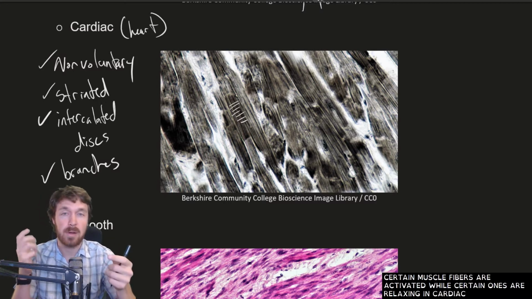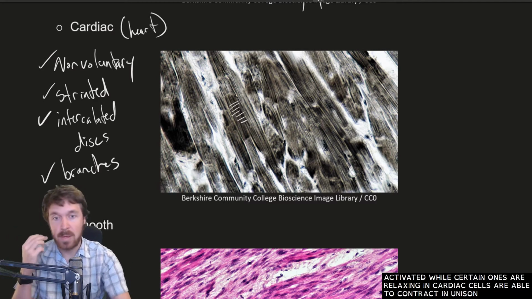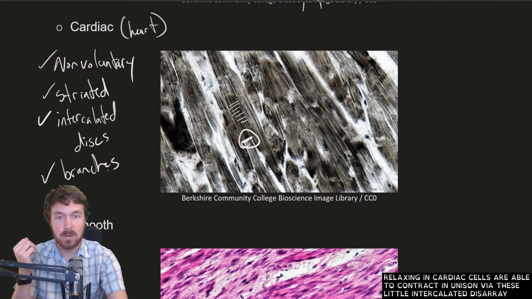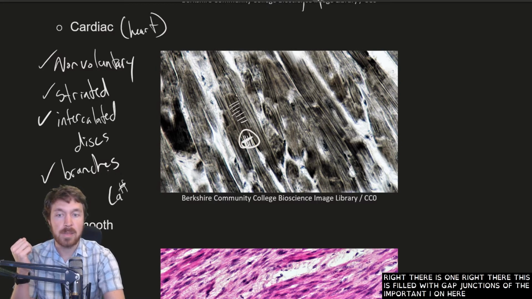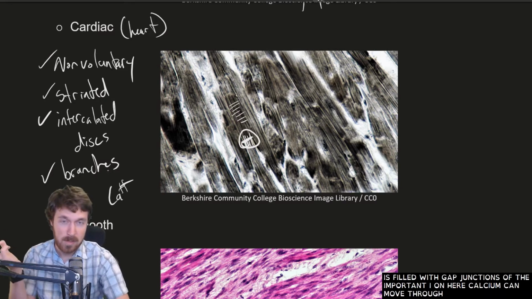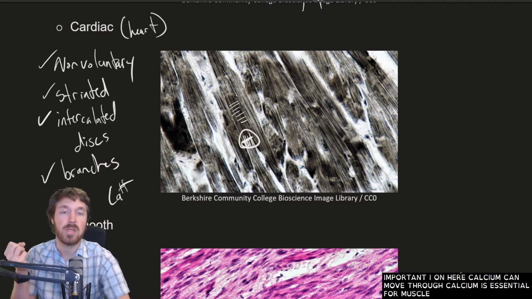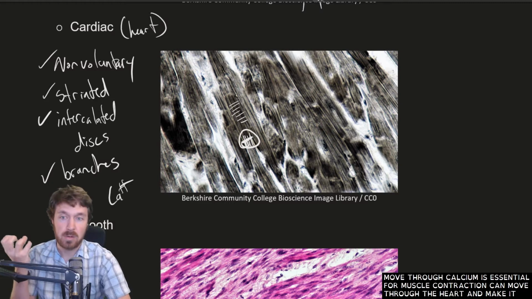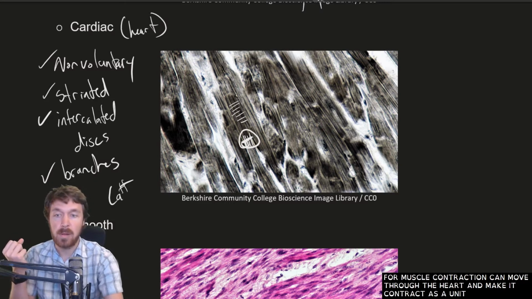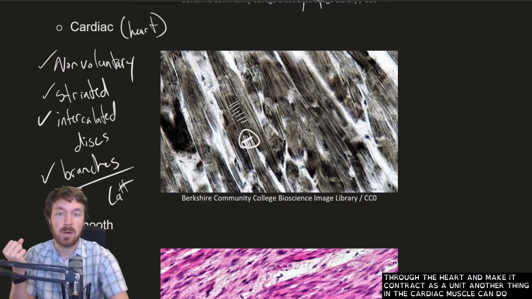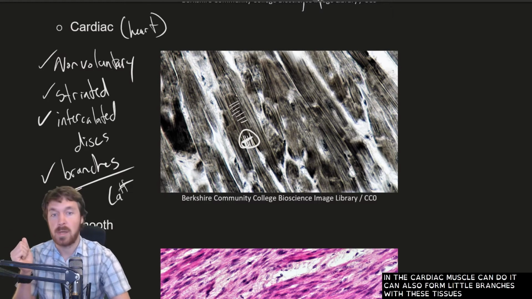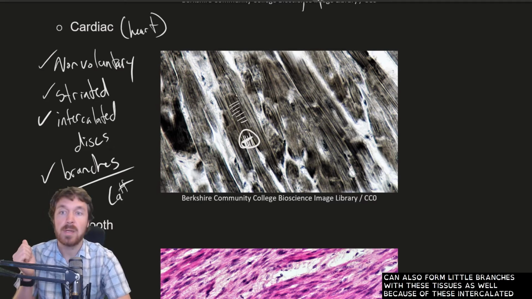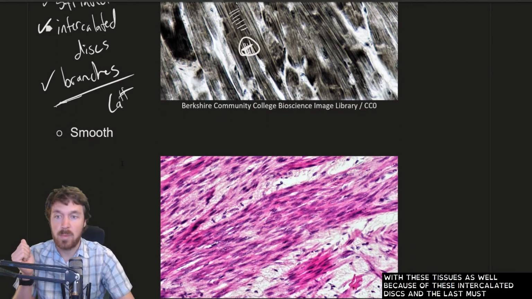And cardiac cells are able to contract in unison via these little intercalated discs. So right there is one. This is filled with gap junctions, so the important ion here, calcium, can move through. Calcium is essential for muscle contraction, and it can move through the heart and make it contract as a unit. Another thing cardiac muscle can do is form little branches with these tissues as well because of these intercalated discs.